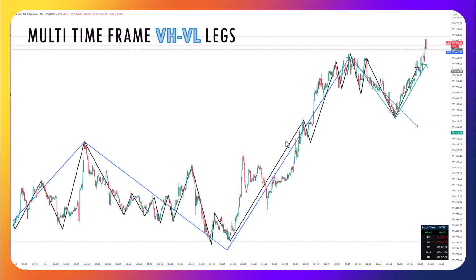That's why when you have the bias, which is green, and here also the blue one, we're going to talk about time frame matching. Sometimes your 1 minute time frame matches with 5 minutes, and sometimes it matches with 15 minutes.